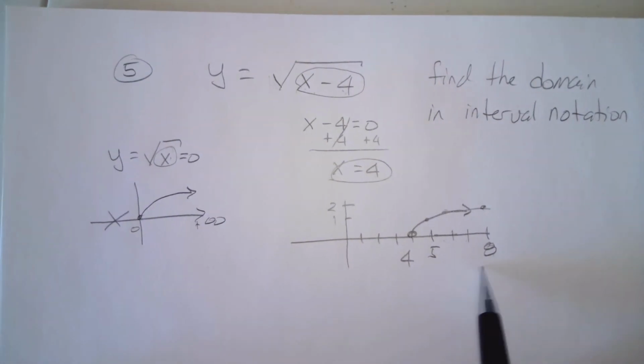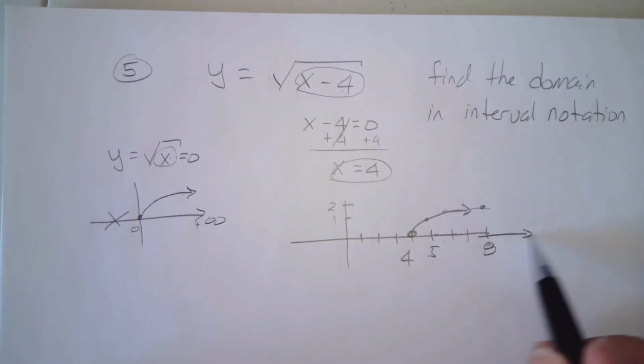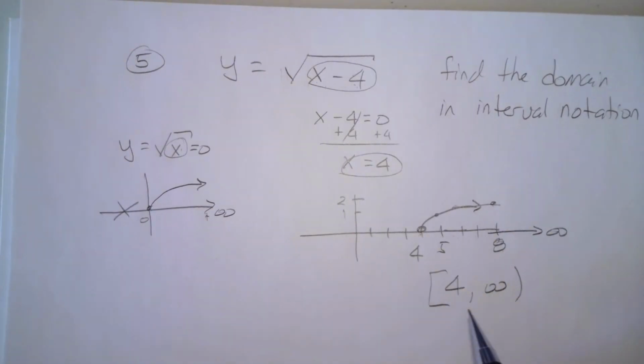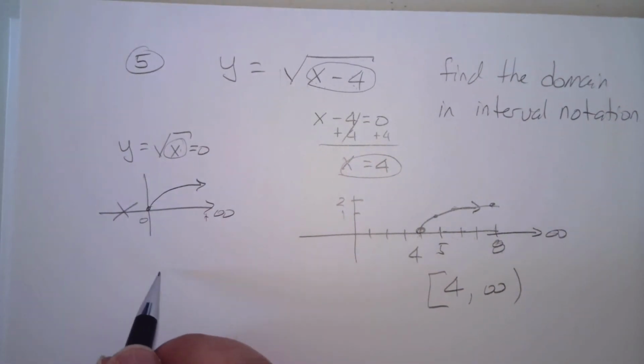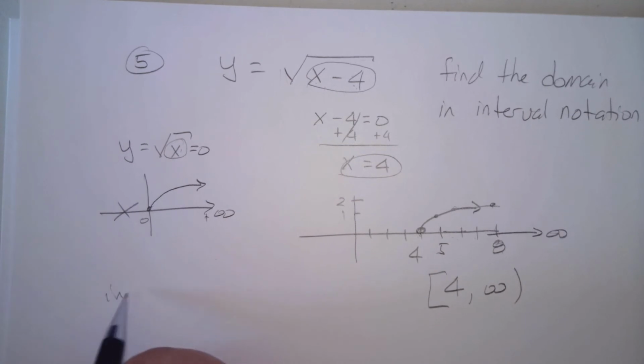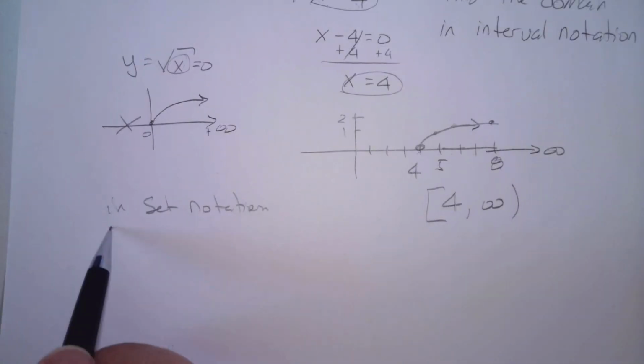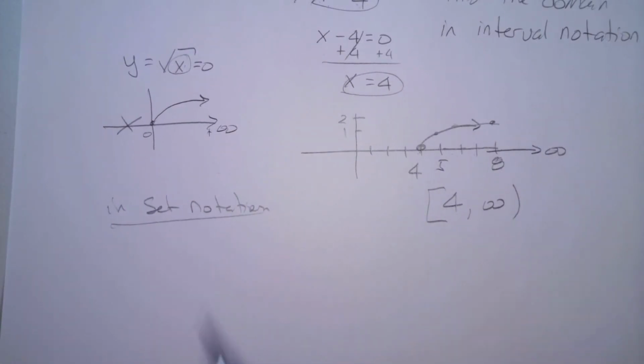So we see here it goes all the way to infinity. So from 4 to infinity, and we can use 4. So there it is in interval notation. In set notation, this is typically how you always write it, because I want to know what x equals.